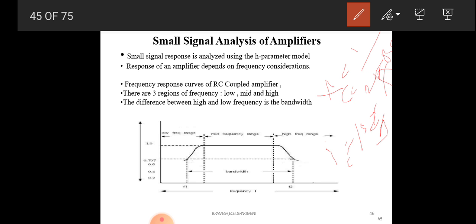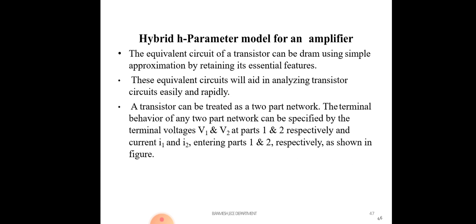So this is the frequency response of a common emitter amplifier, or RC coupled amplifier, or single stage RC coupled amplifier. We can analyze it by using the H parameter model for an amplifier. The equivalent circuit of a transistor can be drawn using a simple approximation by retaining its essential features. We consider the H parameter model so we can calculate all the parameters.